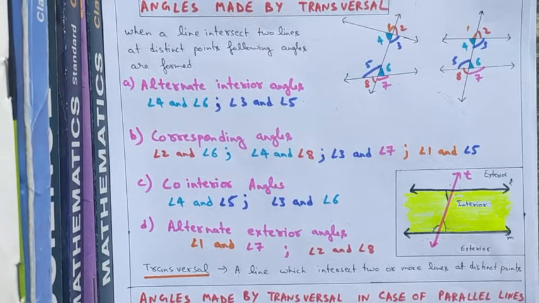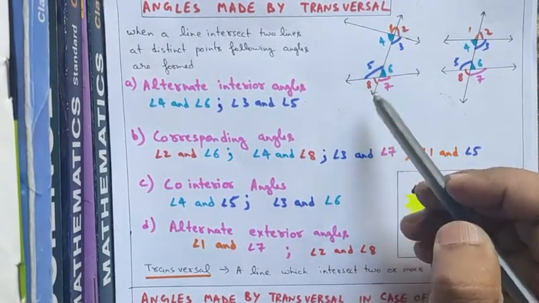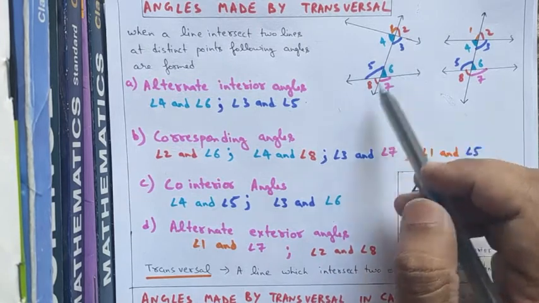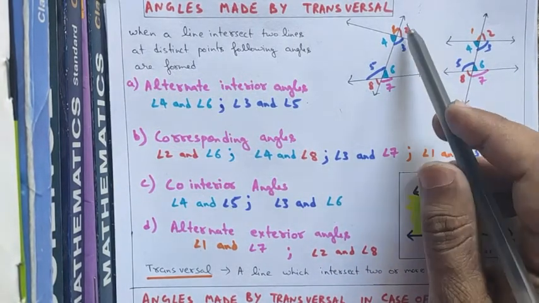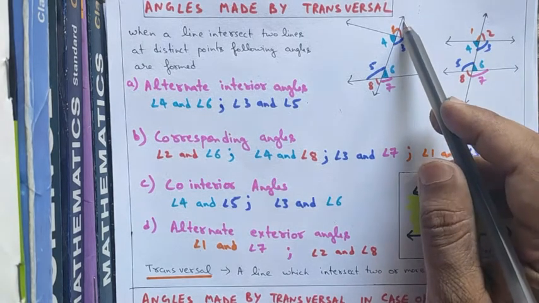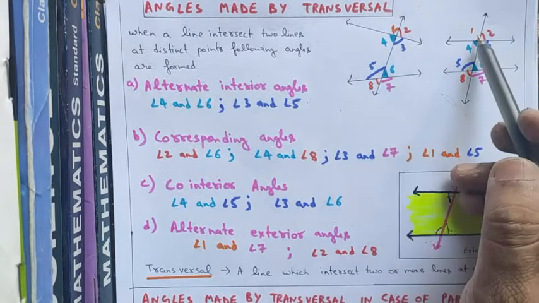Now let us discuss the angles. Here I have shown a transversal intersecting two lines. It is not necessary that the two lines intersected by the transversal are always parallel.